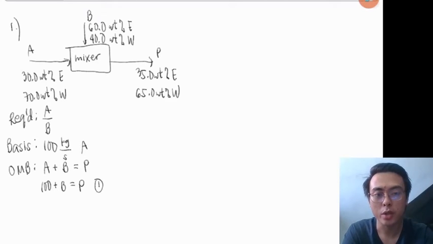We have two unknowns, B and P. Those are both flow rates. So in order for us to solve for those values, we need one more equation so that we'll have two equations, two unknowns.